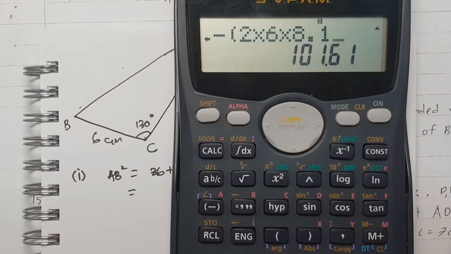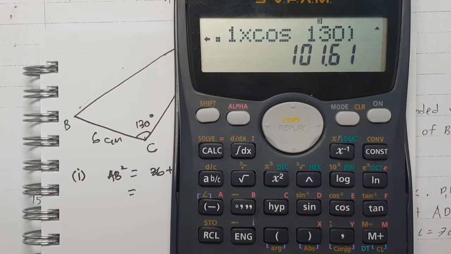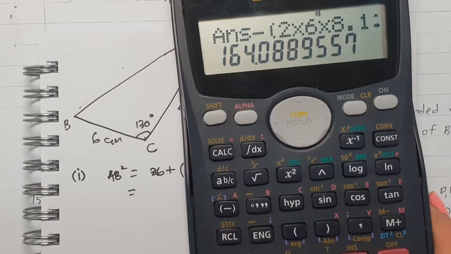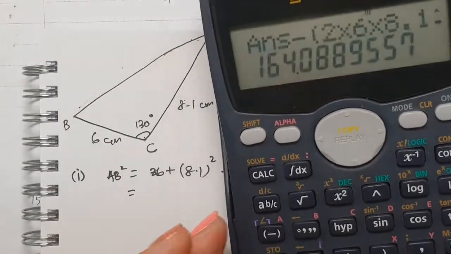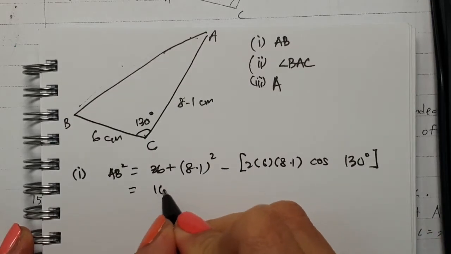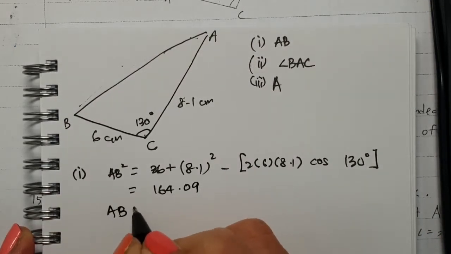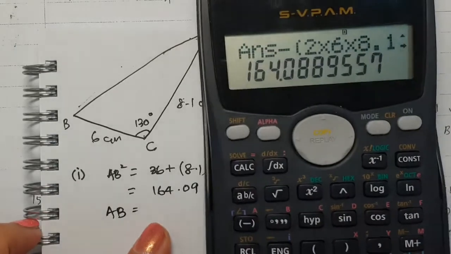This one has to be in brackets, yeah? 2 times a times b times cos 130, close bracket. So that equals 164.09. So to find AB, we square root this one.